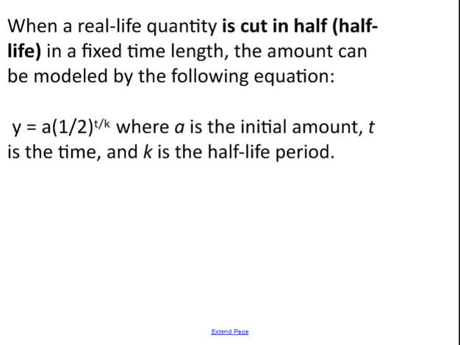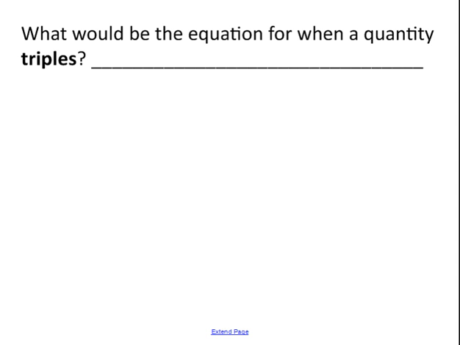In a similar way, we've got a formula if a quantity is cut in half. This is also called half-life. But instead of 2 raised to the t over k, we have 1/2. As you can imagine, half-life, or cut in half, we use a half there. A is still initial amount. T over k. K is how long it takes to cut in half.